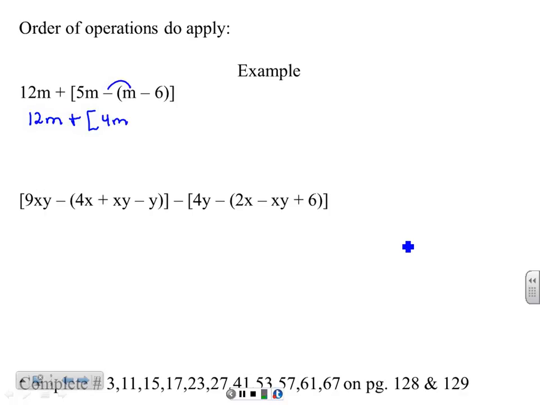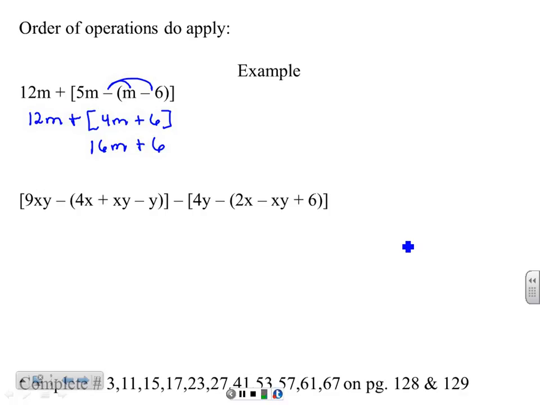But remember, this minus sign goes here and here. So we have 5m minus 1m, and then you have minus a negative, which is going to be plus 6. Now I can combine the 12m and the 4m, which is going to be 16m plus 6.